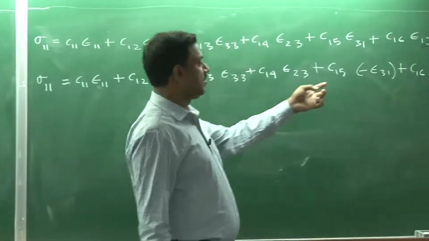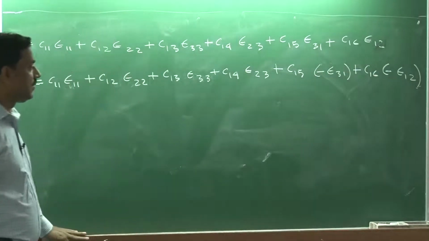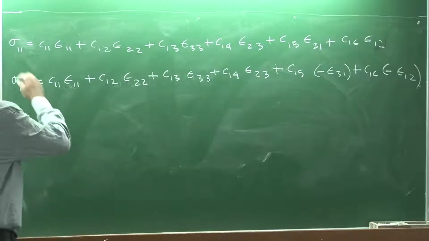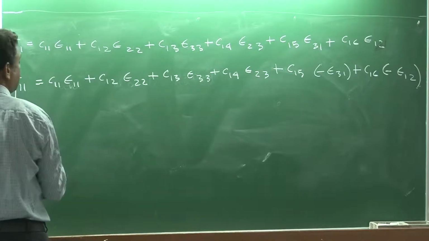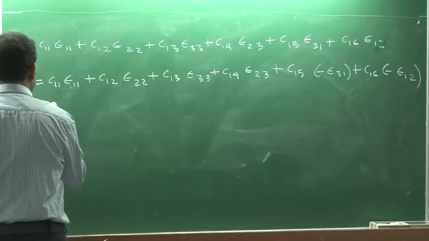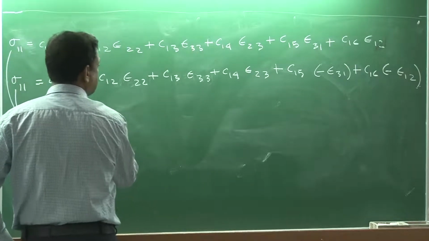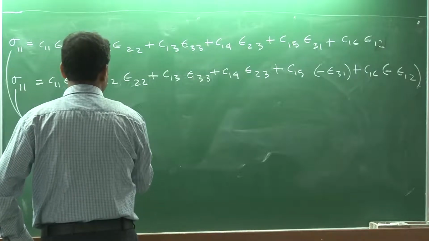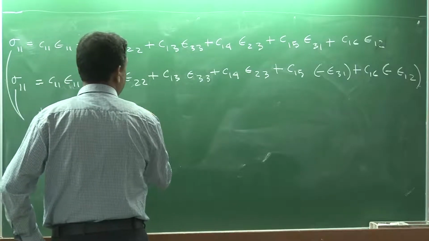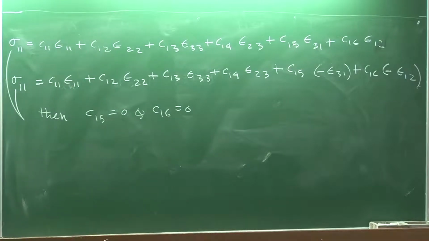Now, why can this be the same? You see, this is associated with minus, this is associated with minus, the rest of the quantities are the same, right. So how can these be the same? This is possible only if C 1 5 must be 0 and C 1 6 must be 0. If these two need to be the same, then C 1 5 and C 1 6 must be 0.